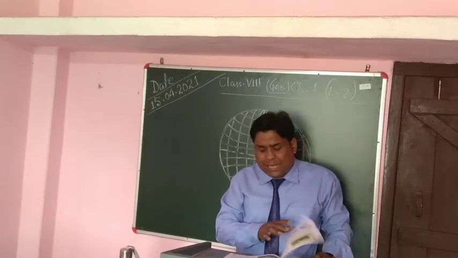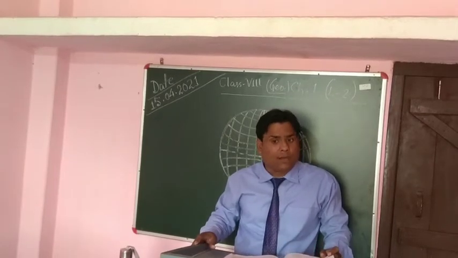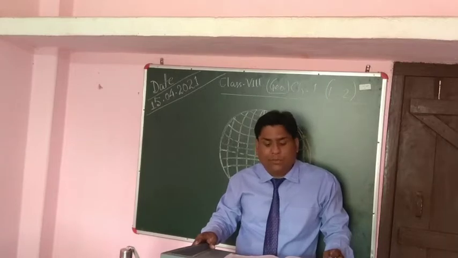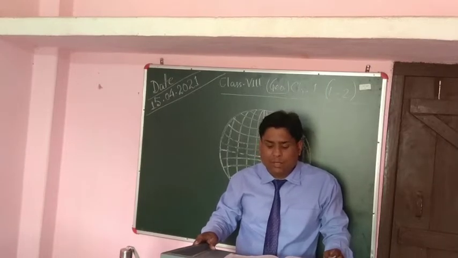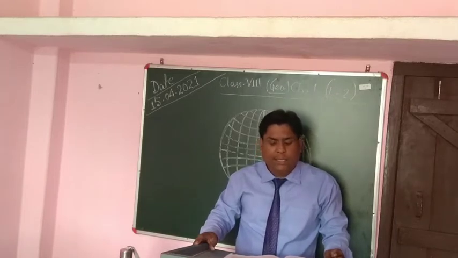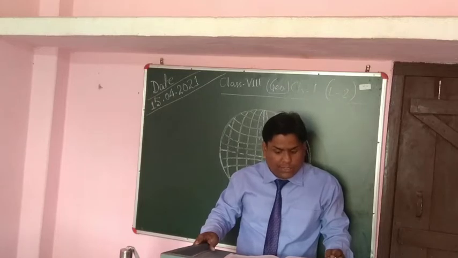In the last class, I gave you some homework as well. You had to make the MCQs, matching columns, along with the fill in the blanks. A, B, C, and D you have to make. Now I told you to make these things.